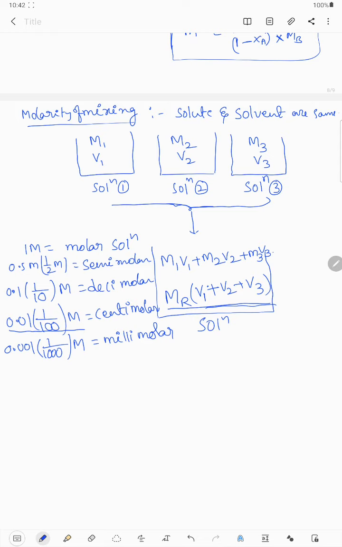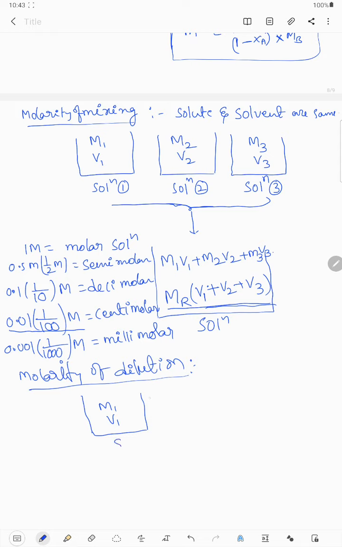Okay, next, one more formula I will give you: molarity of dilution. See, I am taking a solution with molarity M1 and volume V1, and I am diluting it. I add V2 volume of liquid to the solution, then the result is molarity M2 and volume V2.